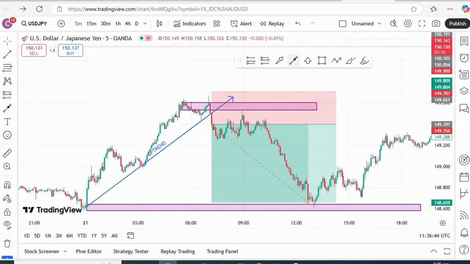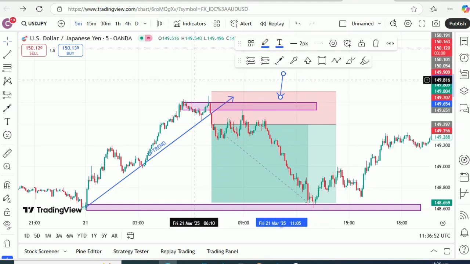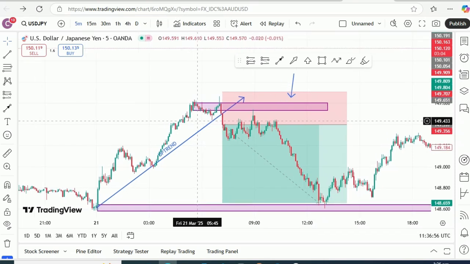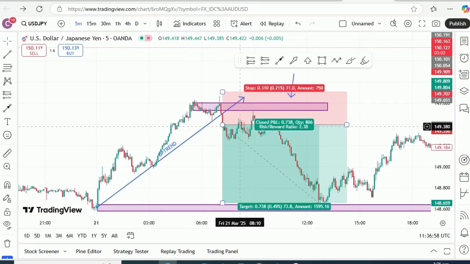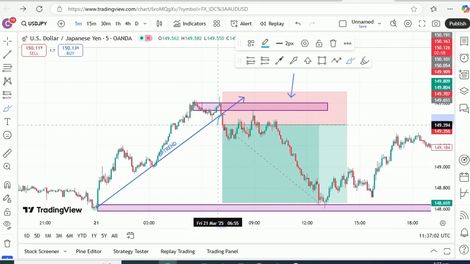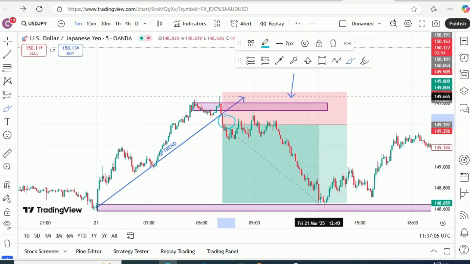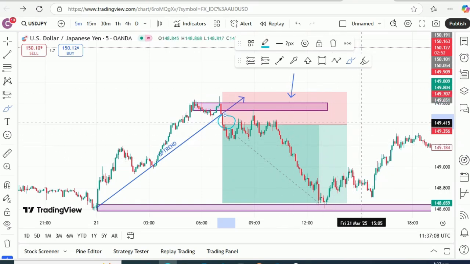So you can see the rectangle is just over here. And then after we've got the rectangle, we have to make sure that price closes with a full candle just right below over here. As you can see, we had this full bearish candle here. That's the reason why we placed our trade over here. So our analysis was on this thing.